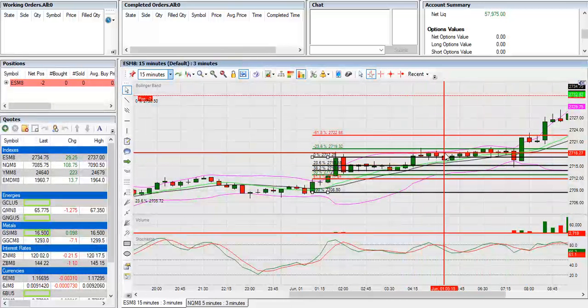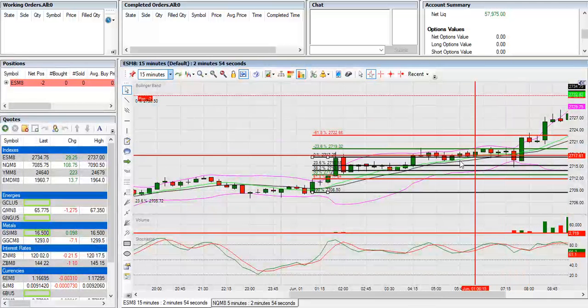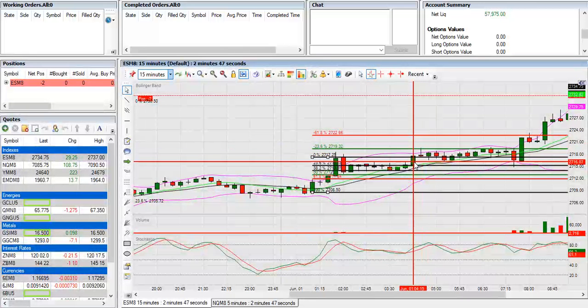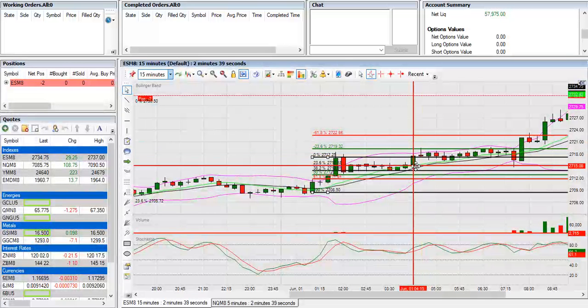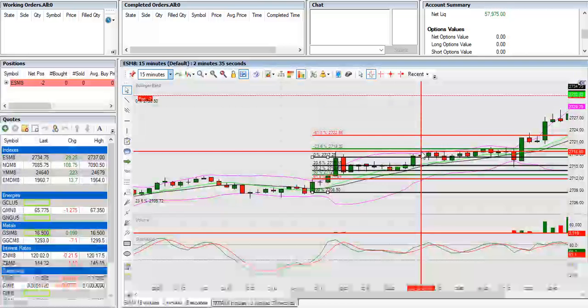This trade did take a little longer to play out, over a couple hours, but you still capitalized on a nice long trade. Or if you ended up getting filled here at the negative 23.6, really you only took 30 minutes for this trade to play out. So you could have possibly taken 5 points within 30 minutes, depending on if your order got filled at this level or not.